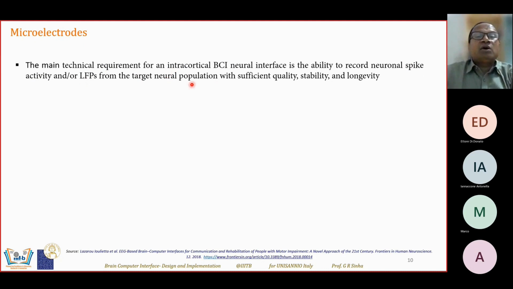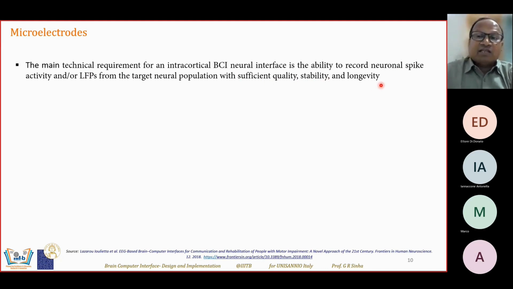I have already mentioned we insert the array through the cortex, but it can be placed anywhere our target is. So the neuronal population from which we get the signal in the form of local field potential or spike must have sufficient quality. This is very interesting: adequate quality, stability and longevity.